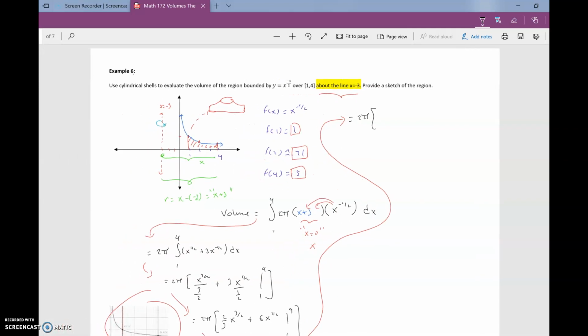So we have 2/3 times 4 raised to the 3/2 plus 6 times 4 raised to the 1/2, and technically minus, evaluating 1: 1 to the 3/2 and 1 to the 1/2, we're just going to have 2/3 plus 6.